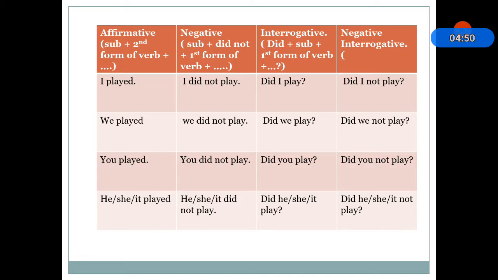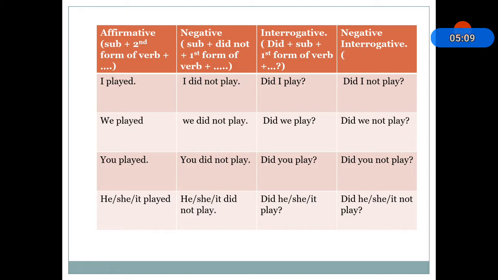For negative we add did not. So the rule is subject plus did not plus first form of verb plus object. As with did, we always use the first form of verb. Example, I did not play. And then the interrogative. What is the rule for interrogative sentences?